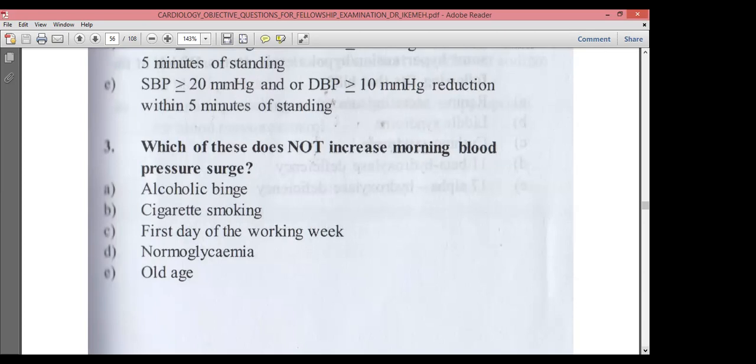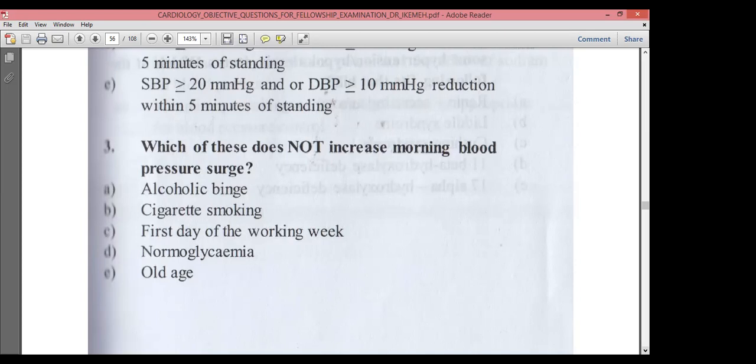All the above are different factors that affect morning surge, from alcohol, from cigarette smoke. In fact, as I was looking for the answer, I found a document that listed a lot of factors that predispose to morning surge.